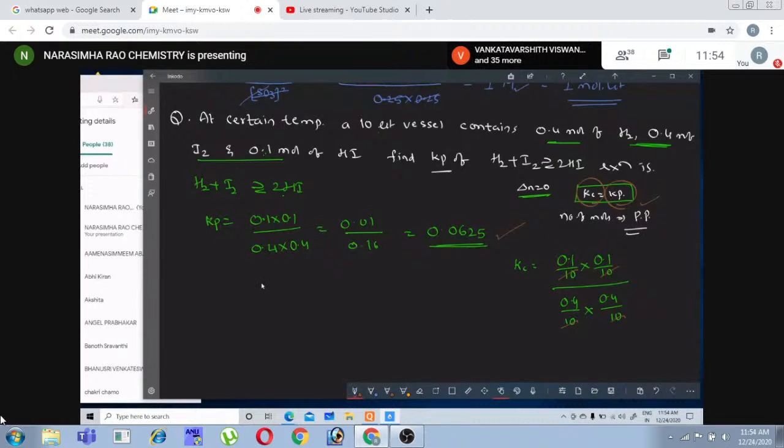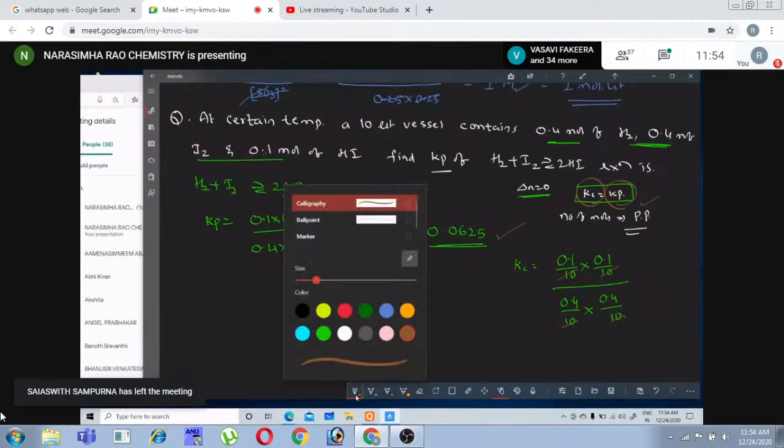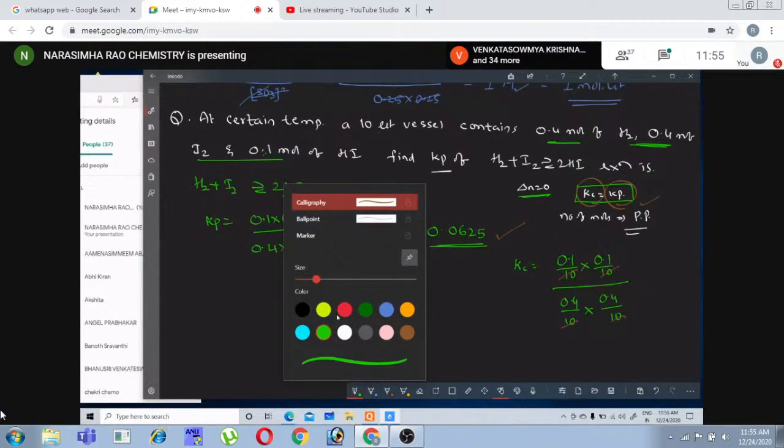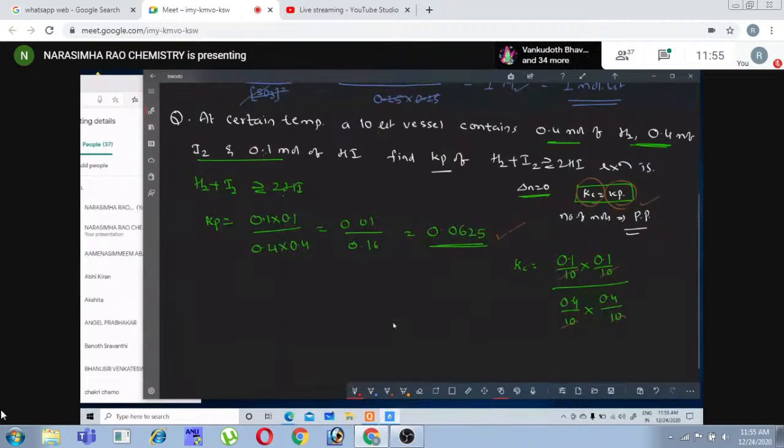Now I am going to the next problem, children. I am giving a similar model, solve it. Sir, when delta n is not equal to 0, sir? Then the data will be different.